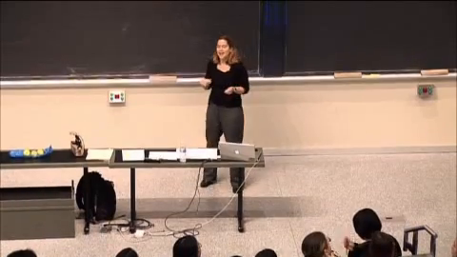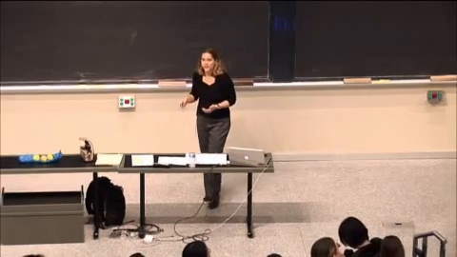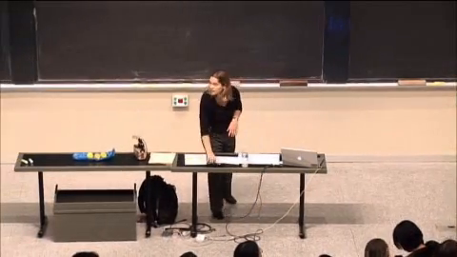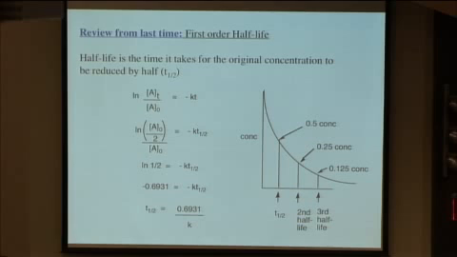You told me last time that an example of first-order half-life is radioactivity, which we're going to be talking about today. So you have your first-order integrated rate law. And the half-life is defined as the time it takes for half of the original material to go away. The half-life is abbreviated T1/2. That's the symbol for half-life.